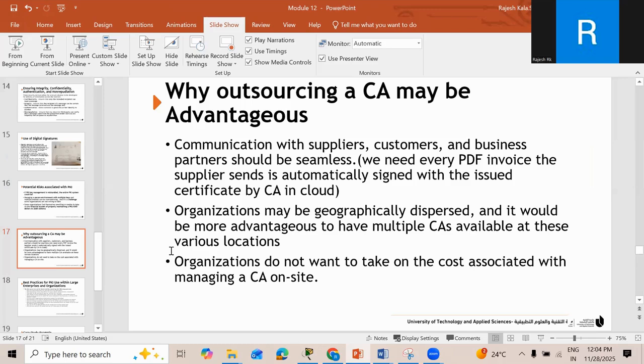So it's better to outsource a certificate authority, or just use it from a cloud platform. Whatever certificate you need, just upload the data and you'll get the signature using that certificate authority in the cloud. Instead of spending huge money on hardware and software, which is useless, because we are not a big company, go for outsourcing.